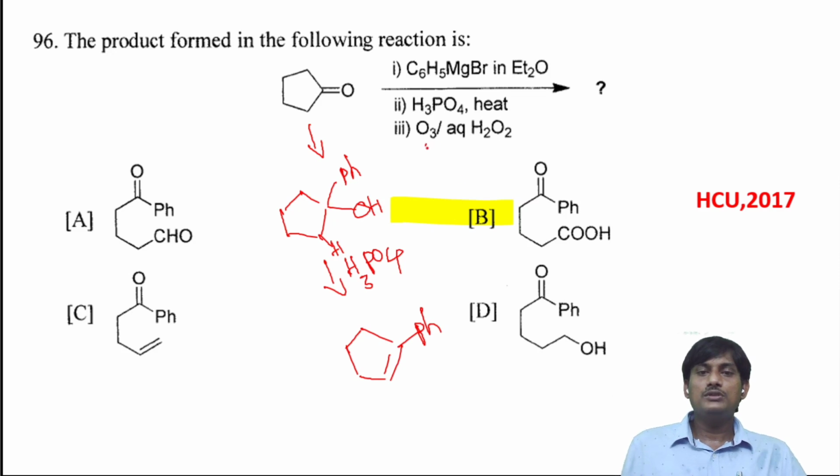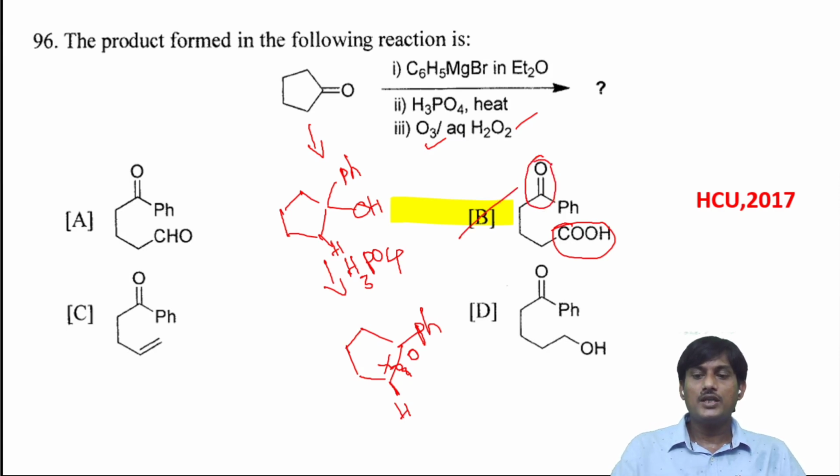When you treat with O3 in H2O2, there is oxidative ozonolysis. In oxidative ozonolysis, this one will be converted into a keto group, but where there is a hydrogen at this position, it will be converted into carboxylic acid. So you will get COOH here, and here you will get C double bond O. So this is the correct option.